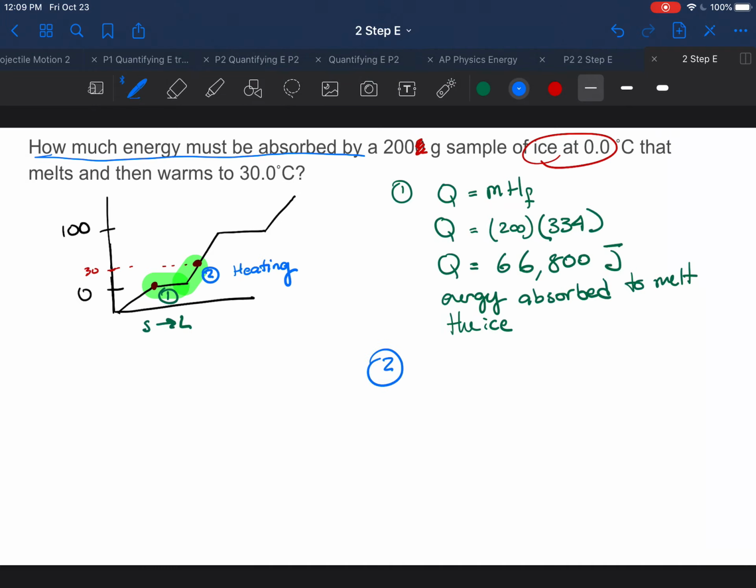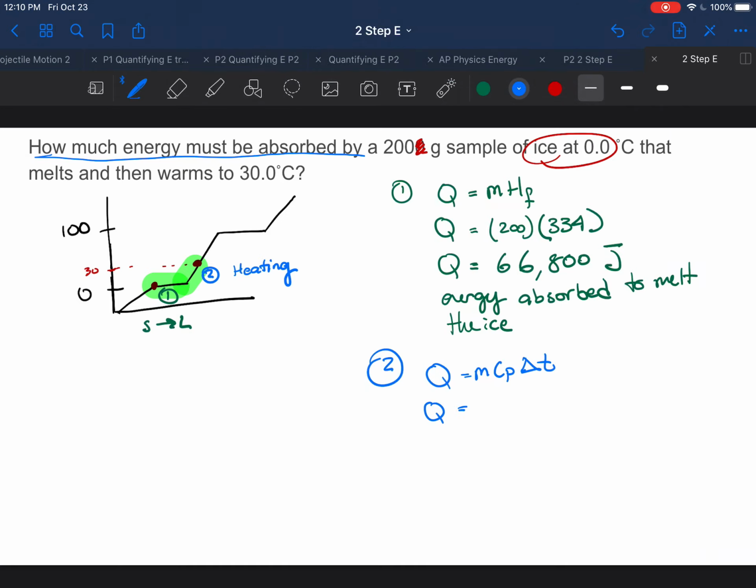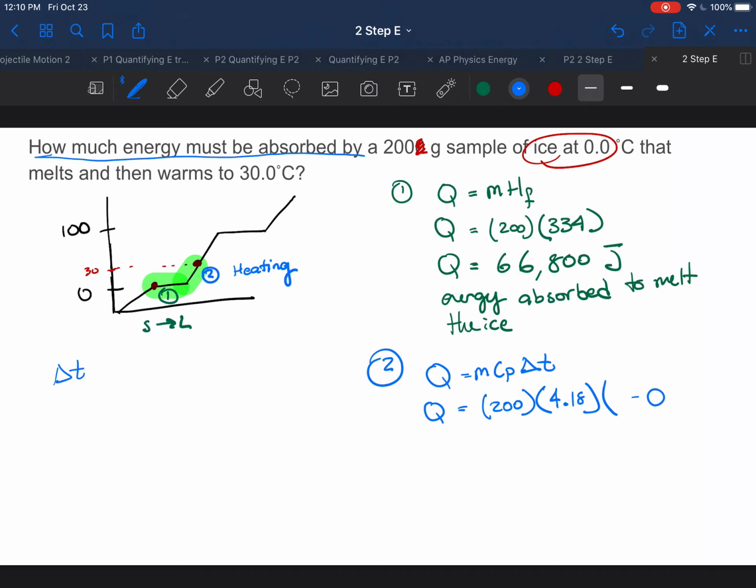Now, we have this second stage. We have heating. It's continuing to absorb energy and it's going to heat to 30 degrees Celsius. For heating, I know I use specific heat. m is the mass that's being heated, and the total mass that's heated is 200 grams. Specific heat of water is 4.18, and change in temperature. This thing starts at 0 degrees.